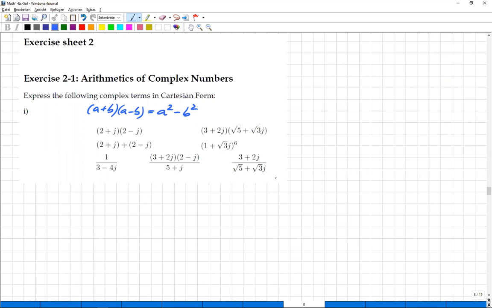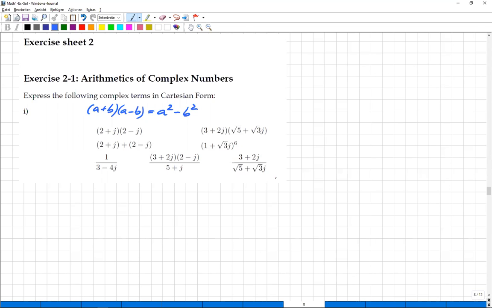The only specialty with complex numbers is as soon as i or j comes into play, it must be treated accordingly because it's special. Its specialty is exactly that its square must always be -1. That's all we need.